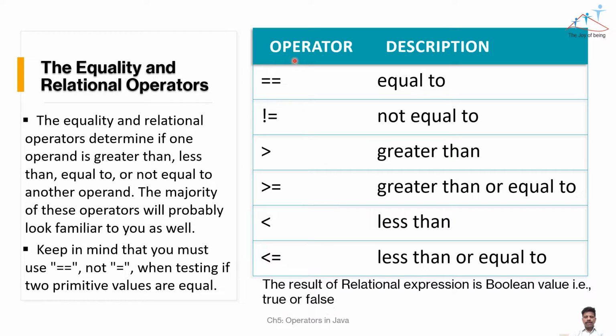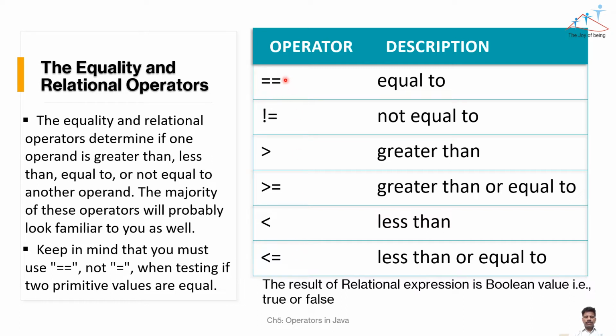It means when we compare two values using relational operators, the result will always be either true or false, only two possible values. Here what you should keep in mind is the symbols used for the operation.